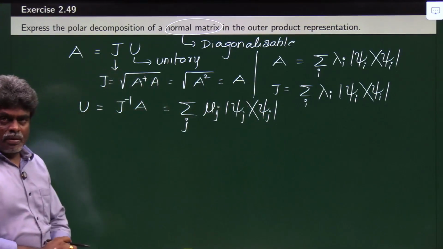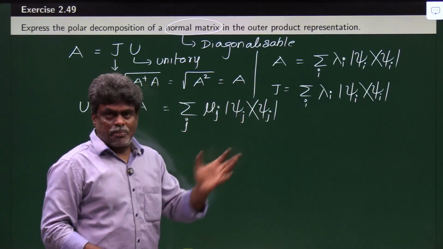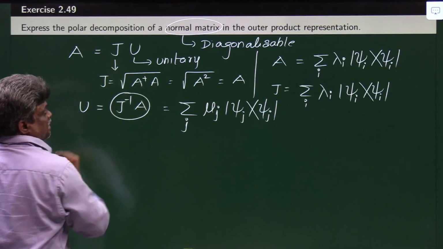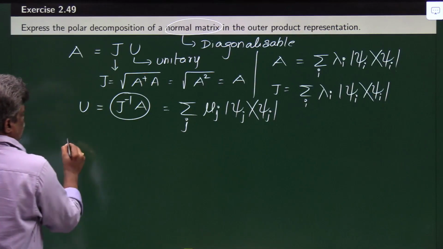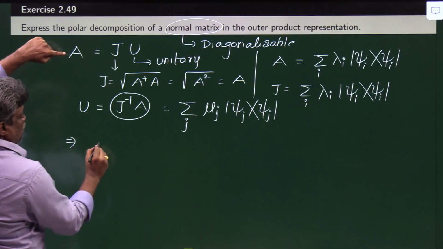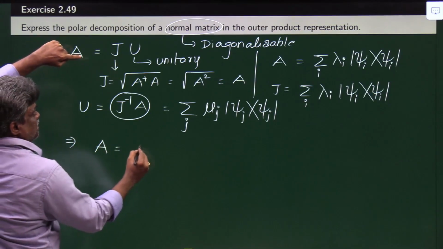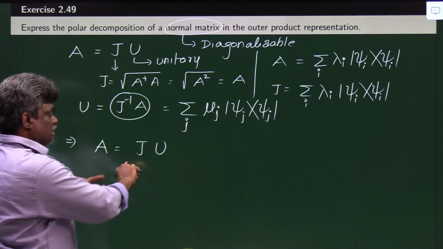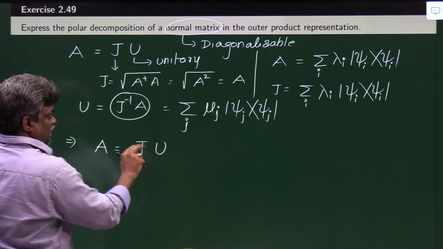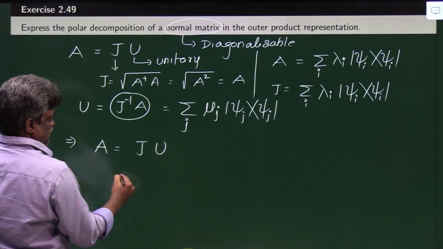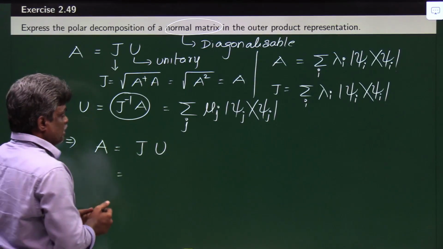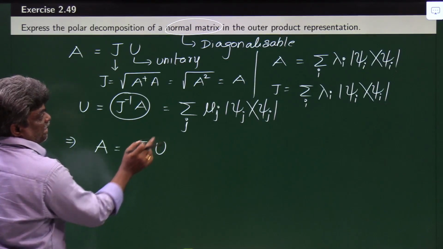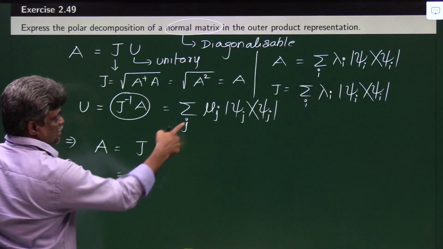That's it. So some other outer product representation, because U is nothing but a product of these two matrices. Okay, so once you got both, the final representation of your matrix is nothing but JU. Left and right, the difference is you will write U this side, otherwise U here. That's it. That is the only difference between left and right. Okay, so here J is already there, summation, and U is also there.